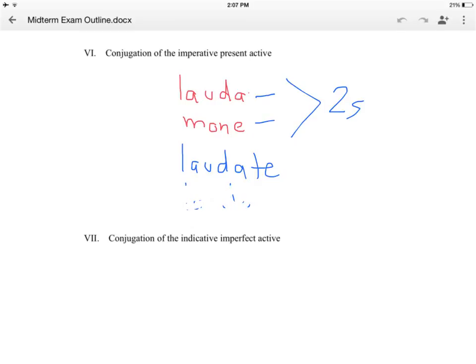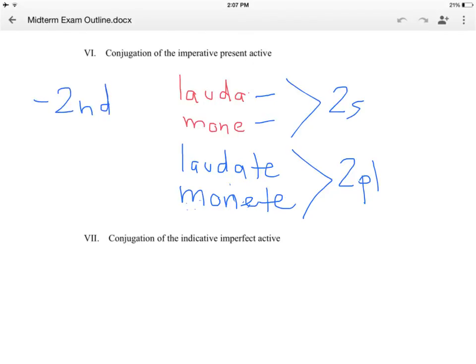Sorry, I almost wrote the same one twice. This is the second person plural. So take the second principal part, drop the RE, add nothing, or add TE.